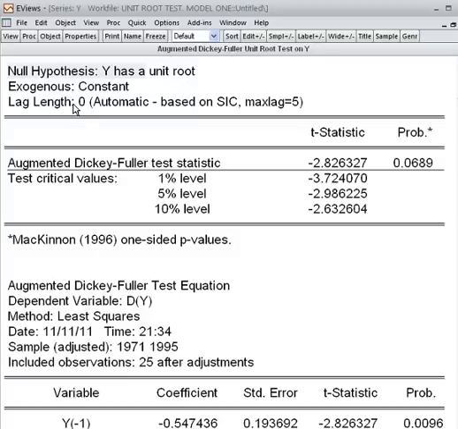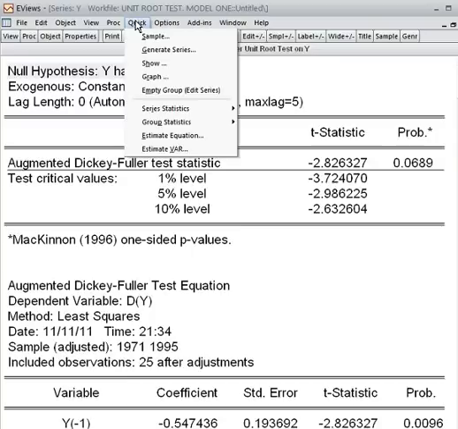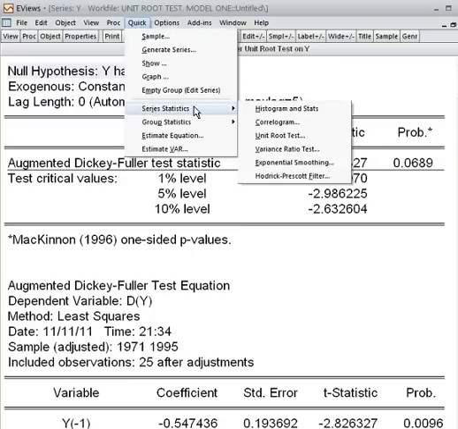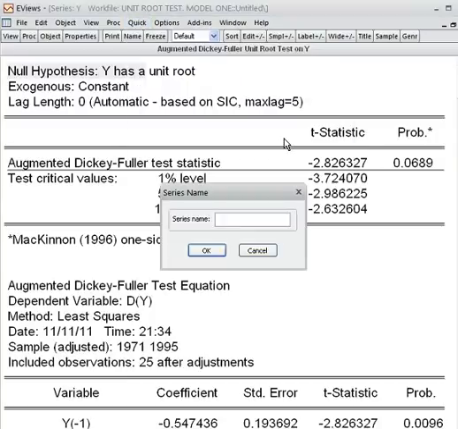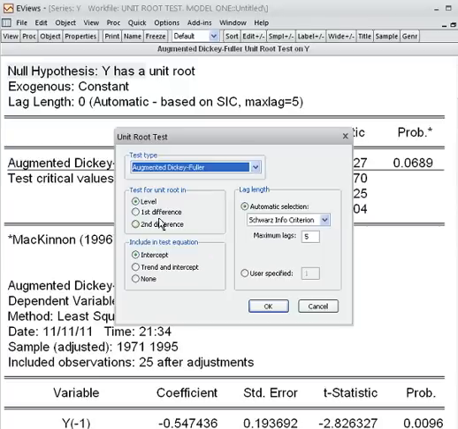What about the second one that we can do again? As before, we go to quick series statistics and unit root test. I put y, then I check, and okay, last time I chose intercept. Now I choose the second shape of the augmented Dickey-Fuller test, the second shape with trend and intercept, and I am doing it under level.